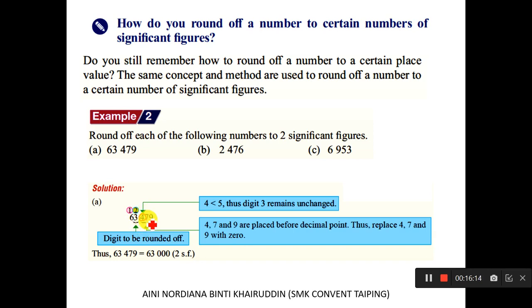So 4 is less than 5. So 3 will remain unchanged. So the answer is 33,000. This is in the form of 2 significant figures according to the question. So the question asks you to round off to 2 significant figures.